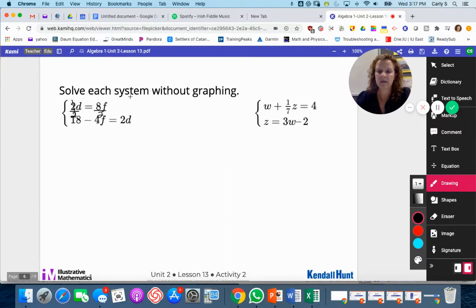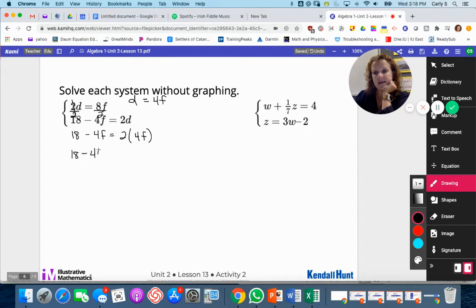So I'm going to divide both sides by 2, and I get D equals 4F. And now we're going to substitute that. 18 minus 4F equals 2, and instead of D, we're substituting D equals 4F.